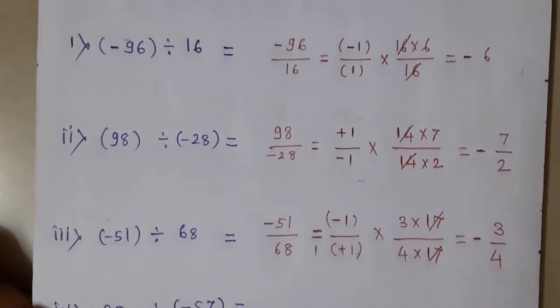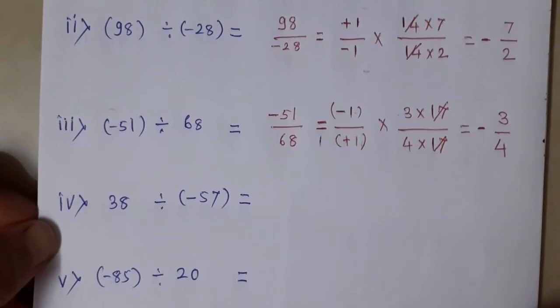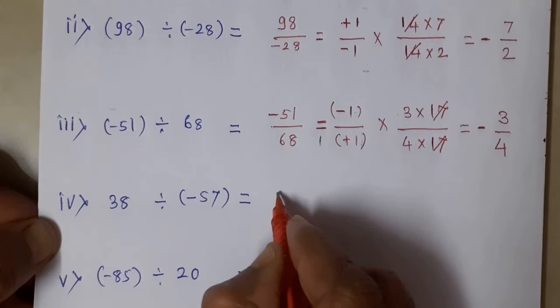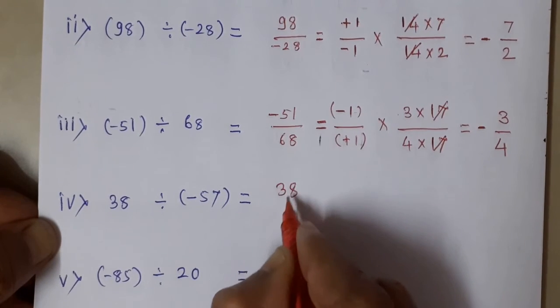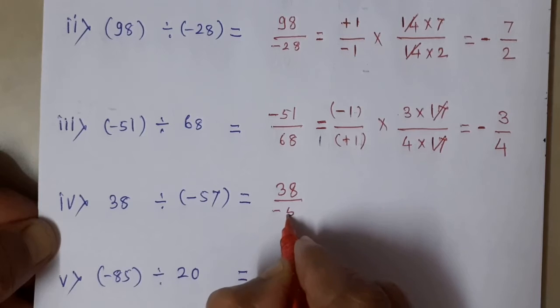Then the fourth example: positive 38 divided by minus 57.